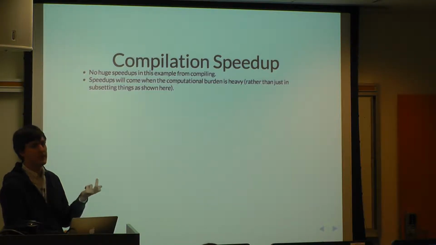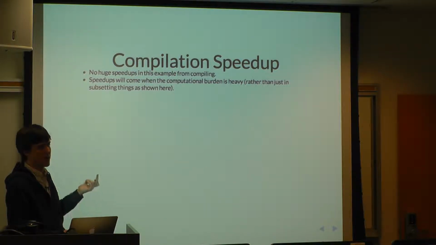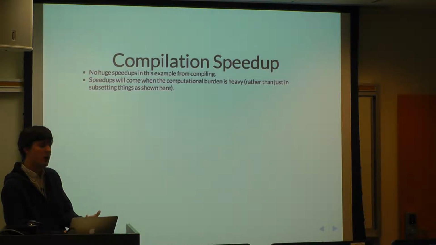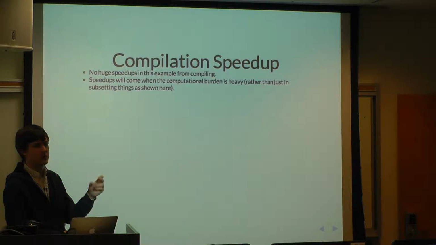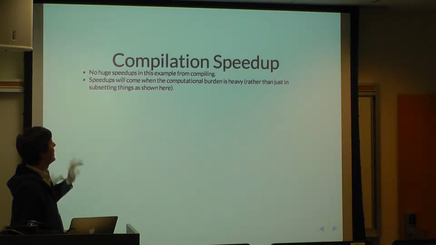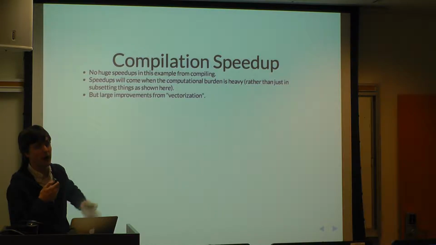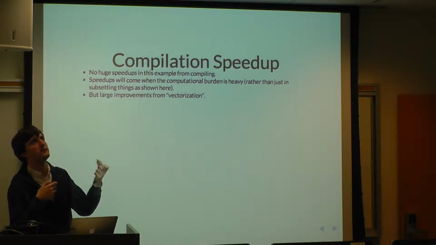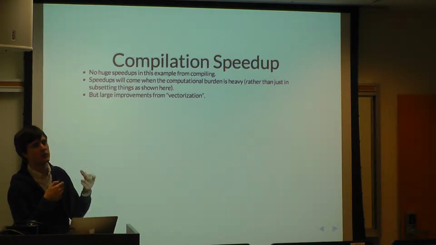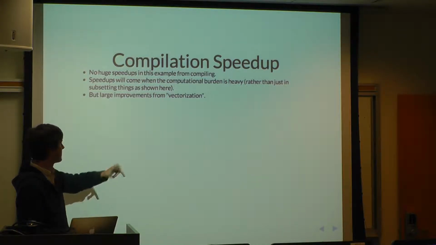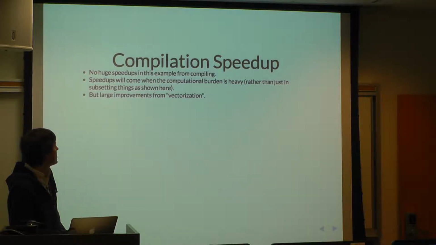The mean function is already pre-compiled, so we wouldn't get any speedup on that. We're only getting speedups on the subsetting, if at all, and we're not really getting anything. But we do get huge improvements in vectorization, and that's because it can compile that stuff, which is by nature just running faster because of the way it does things under the hood.